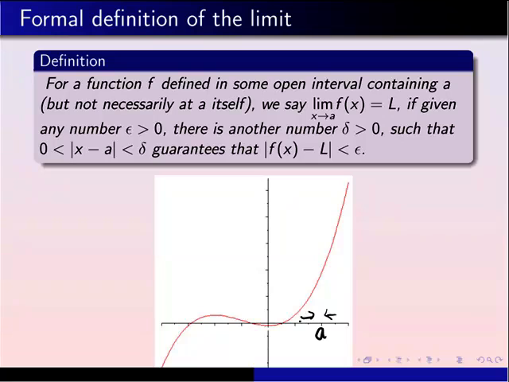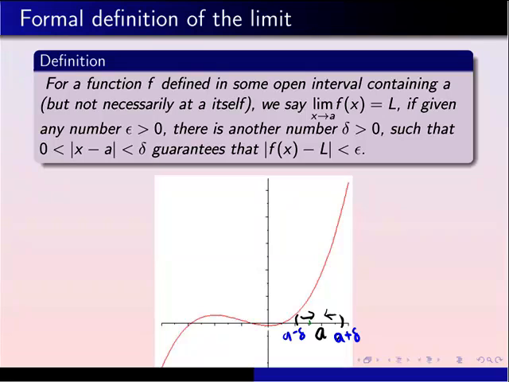On the x-axis, if you are away from a by a distance of delta, that means your number x is going to be to the left or to the right of a, and the distance between it and a is going to be less than delta. So it is going to be in this interval between a minus delta and a plus delta.